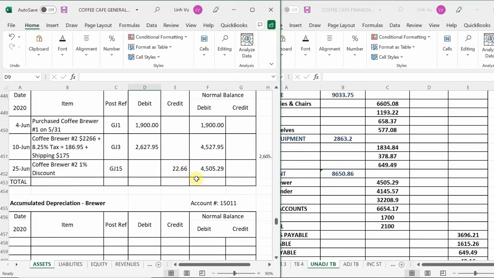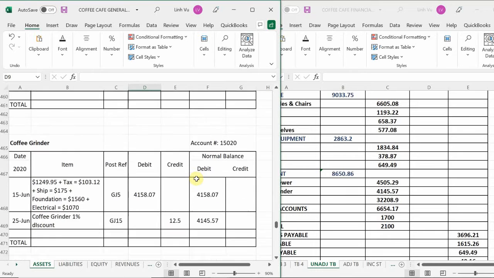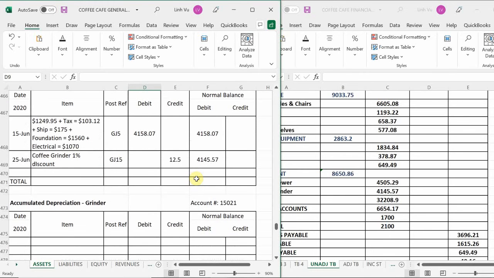Coffee brewer is at 4,505 plus my coffee grinder at 4,145, giving me a grand total of 8,650.86.